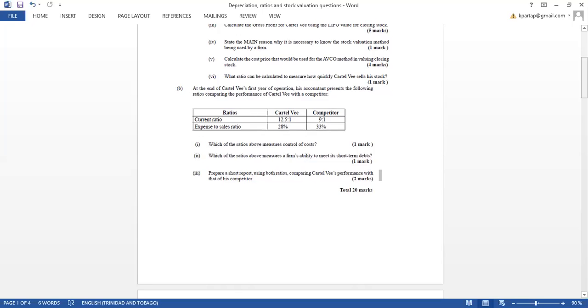So of course, to be able to tell that, you need to know what the ratio is, right? So I'm hoping you all check the current ratio and check the formula for the expense ratio. Which one do you think out of the two of them is used to measure how you would control your cost?